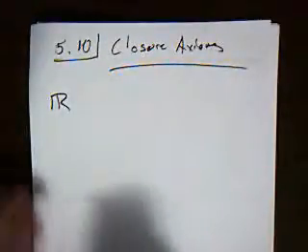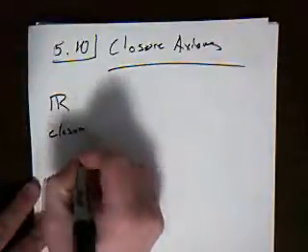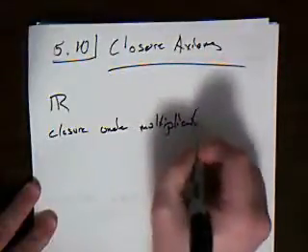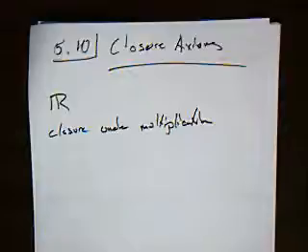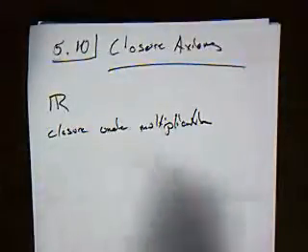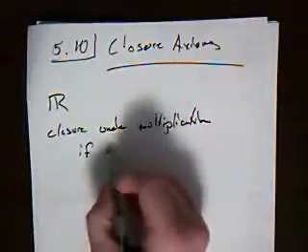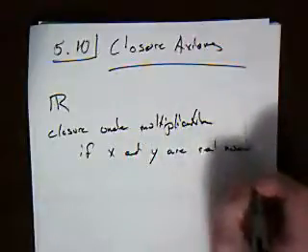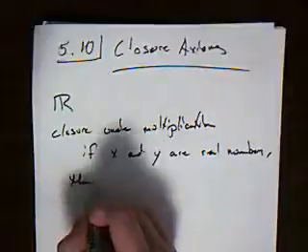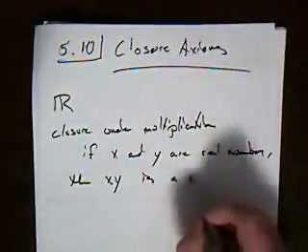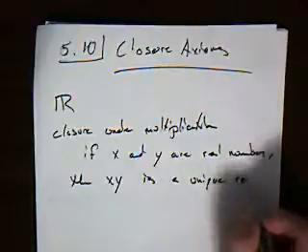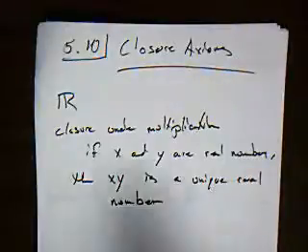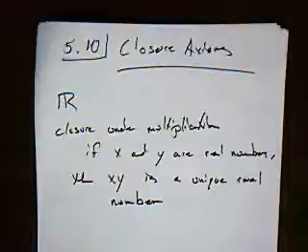So closure under multiplication says: if x, y are real numbers, then xy is a unique real number.